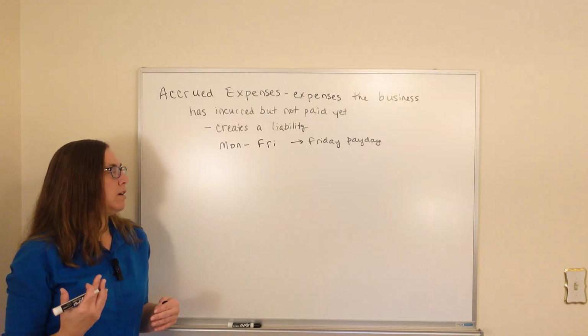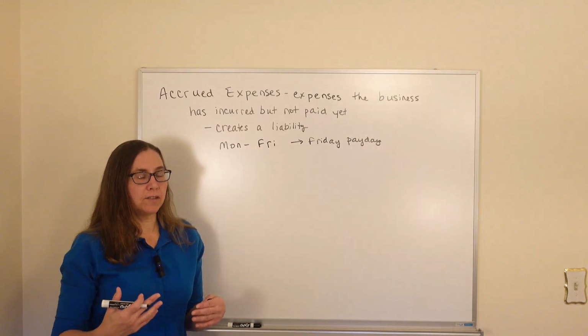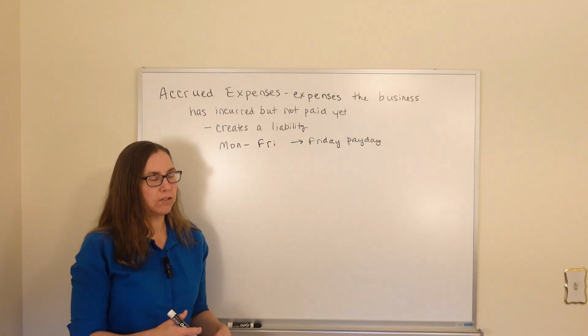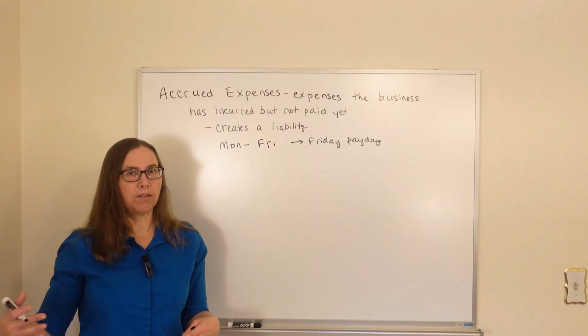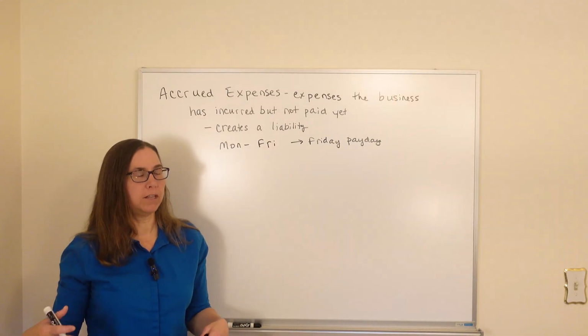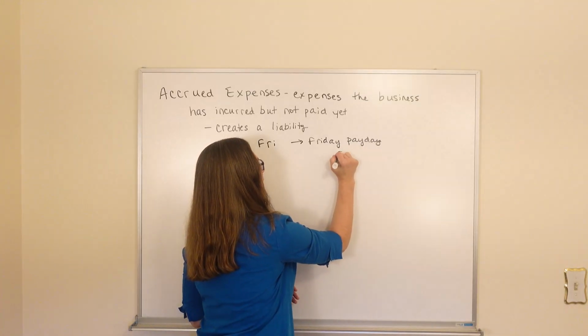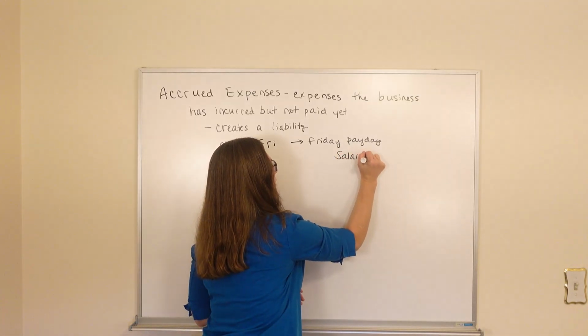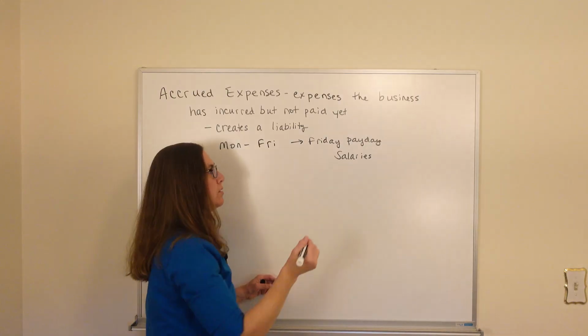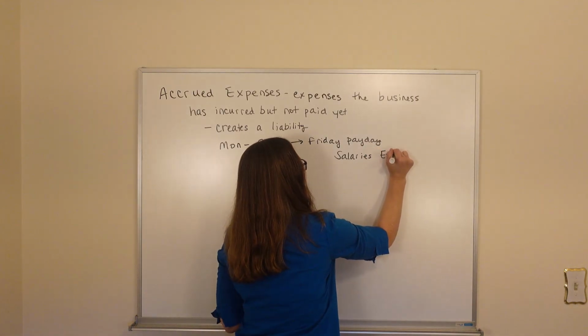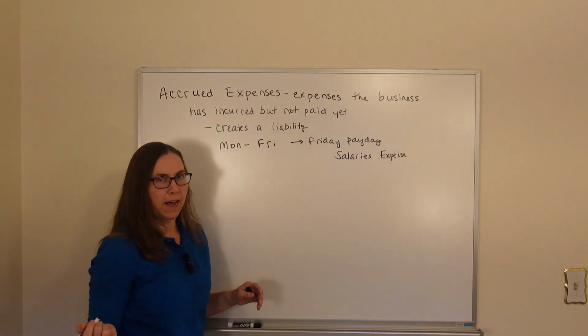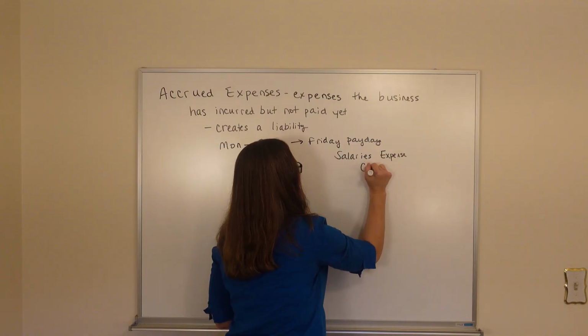I'm just going to keep this simple because this is focused on the adjusting entries. I'm going to ignore all the payroll taxes and payroll withholdings for this demonstration. But basically on payday, the company would debit salaries expense and credit cash or checking.